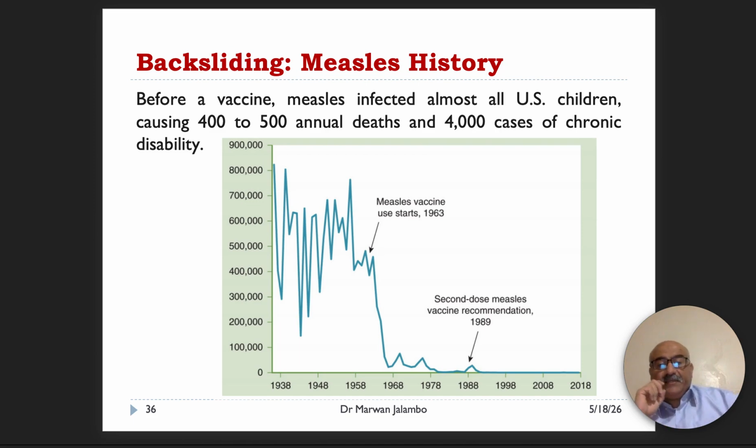Before the vaccine became available in 1963, and look at this figure, almost all children contracted measles, leading to 400 to 500 deaths and 4,000 cases of chronic disability annually in the United States. As illustrated in this figure, once the vaccine was introduced, cases dropped.